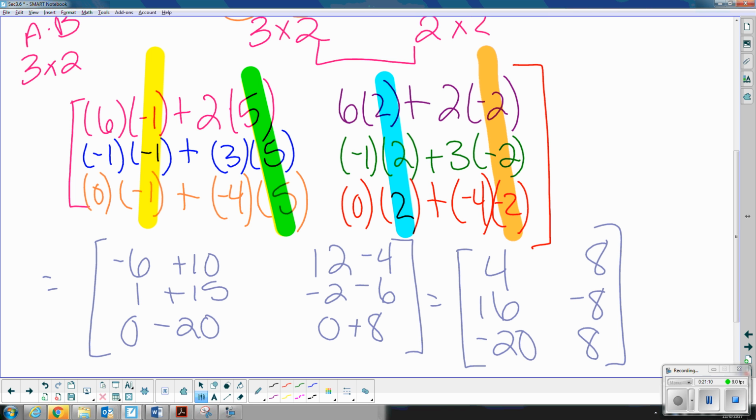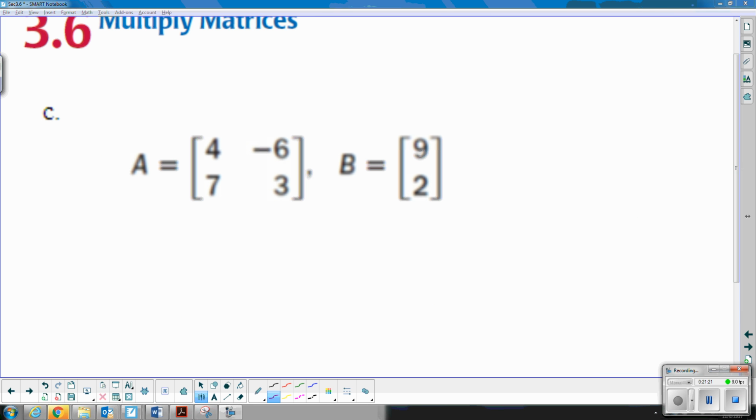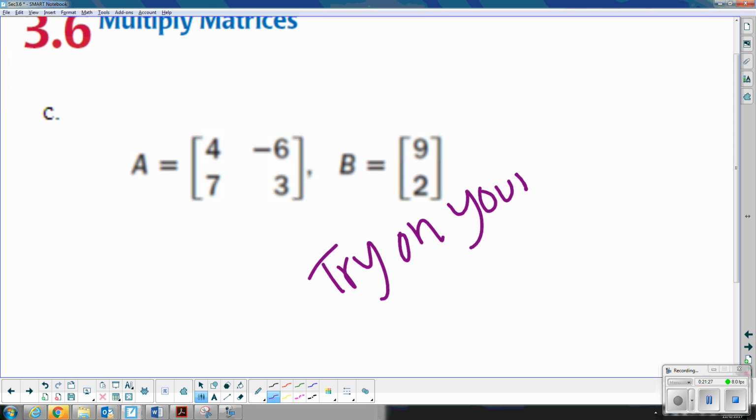So here is our final matrix. That's our solution. It's a 3x2 matrix. And this next one, please try on your own. And unpause for solution.